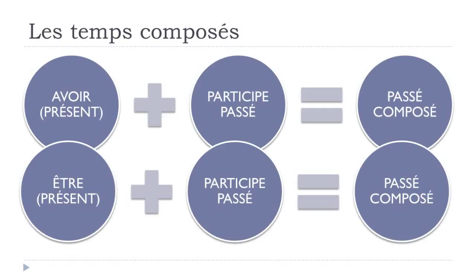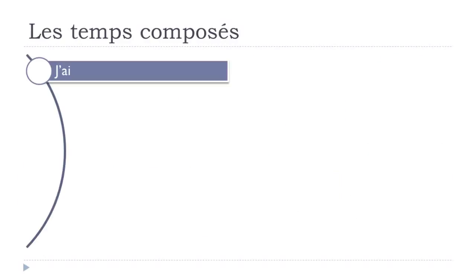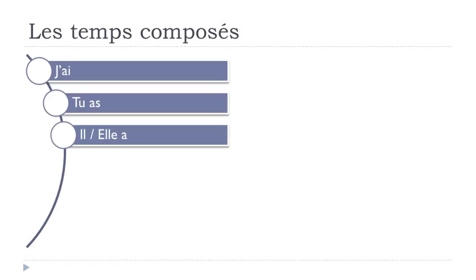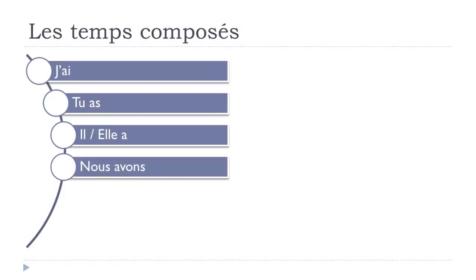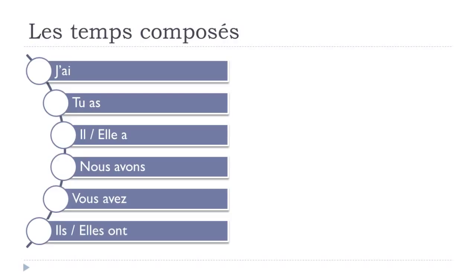Okay? Of course, it looks simple like that, but in some cases, especially after learning so many things, maybe you don't really remember the conjugation of avoir and être at the present tense. So we'll take the time to review that one more time. So remember, avoir at the present tense goes like j'ai, tu as, il a, elle a, nous avons, vous avez, ils ont, elles ont.